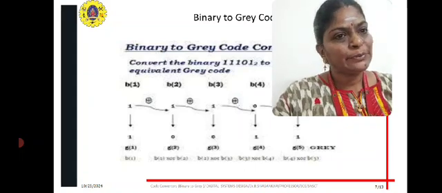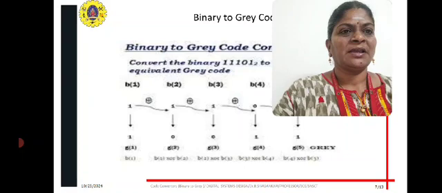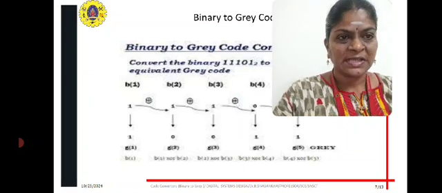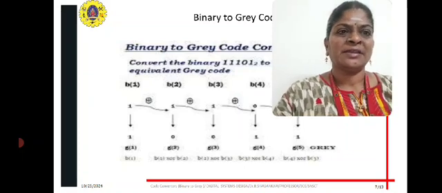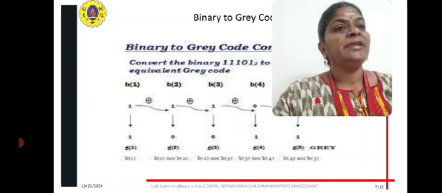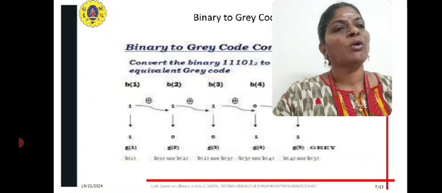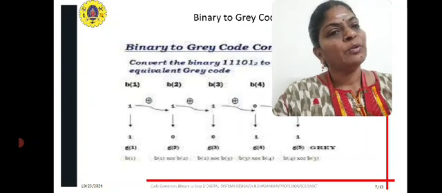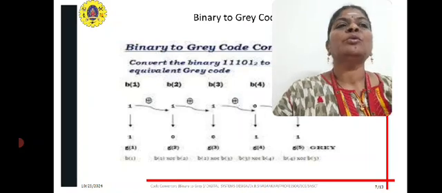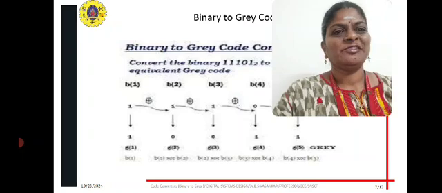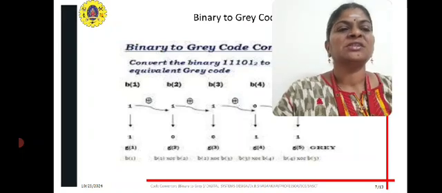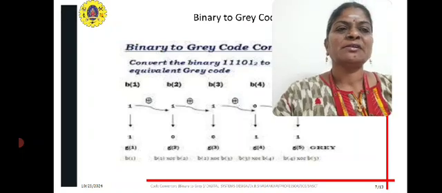If both the inputs are high, your output will be low. If any one of your inputs is high, that is 1, your output will be 1. This is our XOR function, and we have to implement it here.